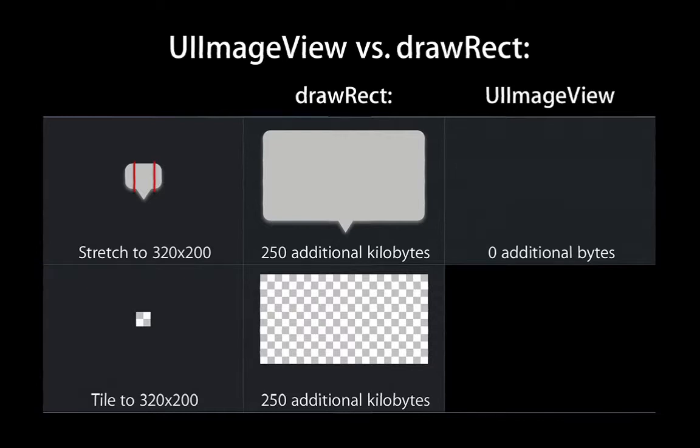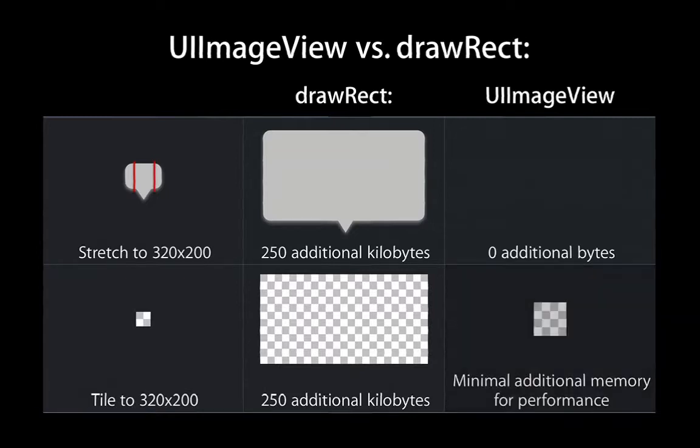Now, if we use UIImageView with the new tiling support that we have in iOS 5 between UIImage and UIImageView, we can actually get that with a very small amount of additional overhead. Now, the implementation details here are subject to change, but the nice thing is that UIImageView knows the best way to make sure that that tiled image can get to screen as fast as possible with the smallest amount of additional memory overhead.